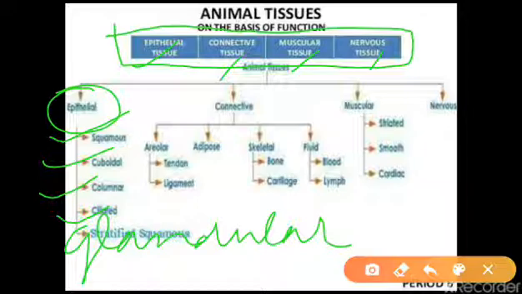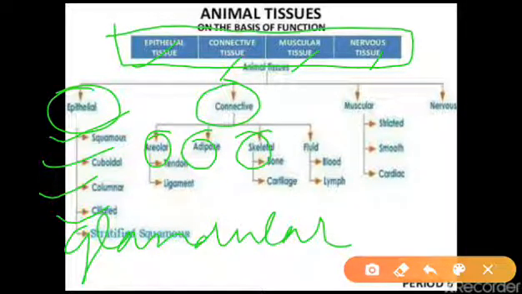In the connective tissue we are going to read four categories: areolar, adipose, skeletal and fluid. In the areolar, tendon and ligament. In the adipose, there is no extension given, but in the skeletal we have two things, bone and cartilage. Bone is the hardest one, cartilage is the softest one.